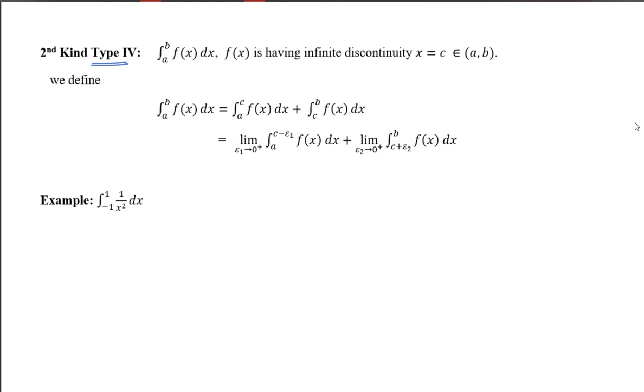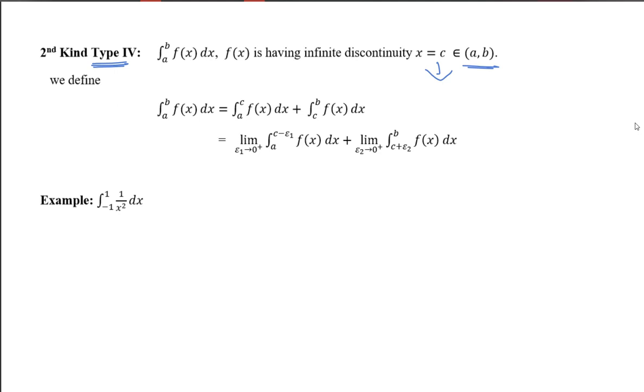Now this type 4 is the same type as type 3, but here the infinite discontinuity is not at the end points. There is some point C in between A and B where we have infinite discontinuity. There may be a finite number of 2 or 3 points of discontinuity.